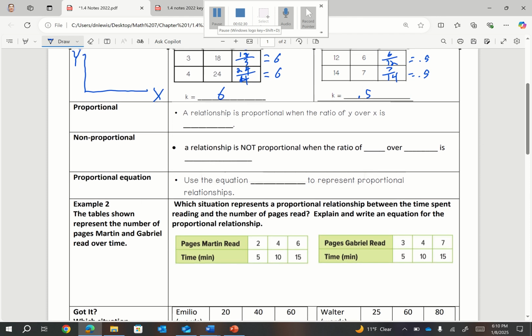So, as I've just told you, a relationship is proportional when the ratio of y over x is equal. Always the same. A relationship is not proportional when the ratio of y over x is not equal.